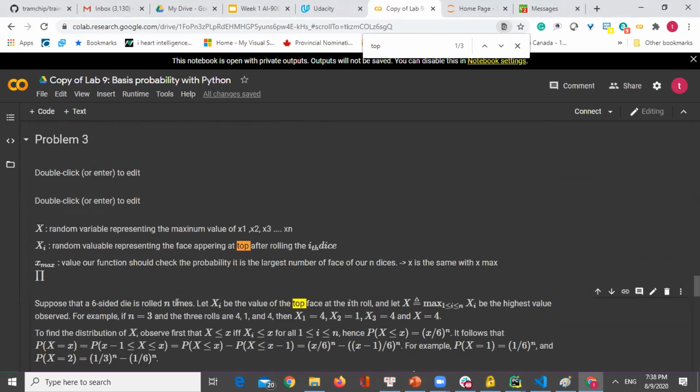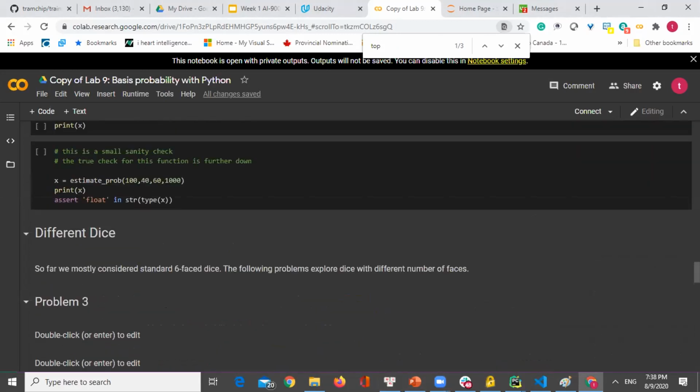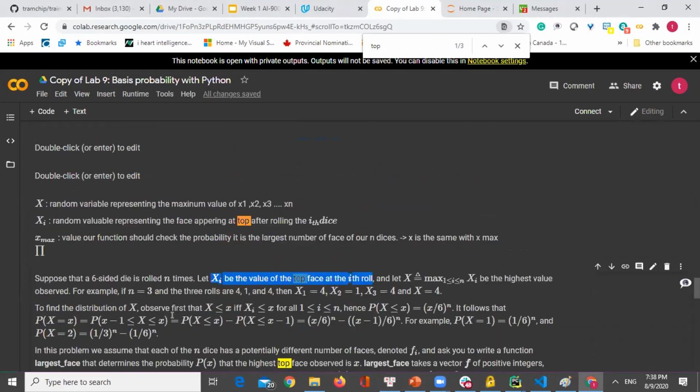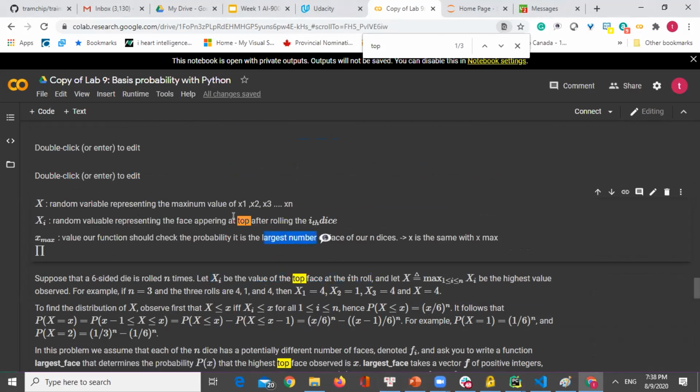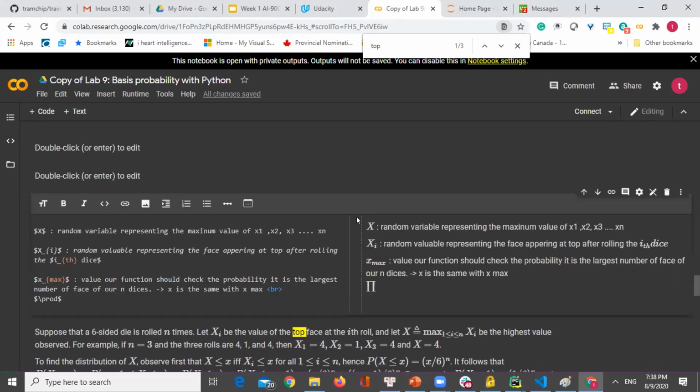Suppose a 6-sided dice is rolled and X_i is the value of the top face of the roll. Okay, so X_i is equal to X max? No. The random variable represents the face appearing at the top. What do you mean by face appearing at the top? The value which appears at the top face, the value that you can read while you look at the dice from the top.